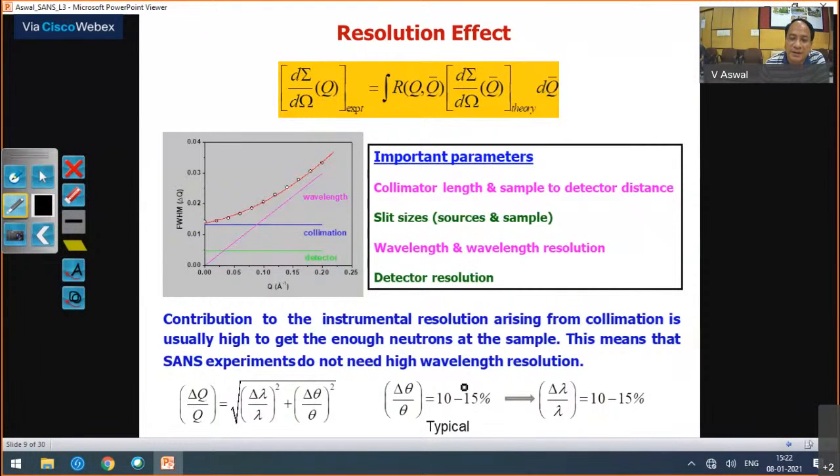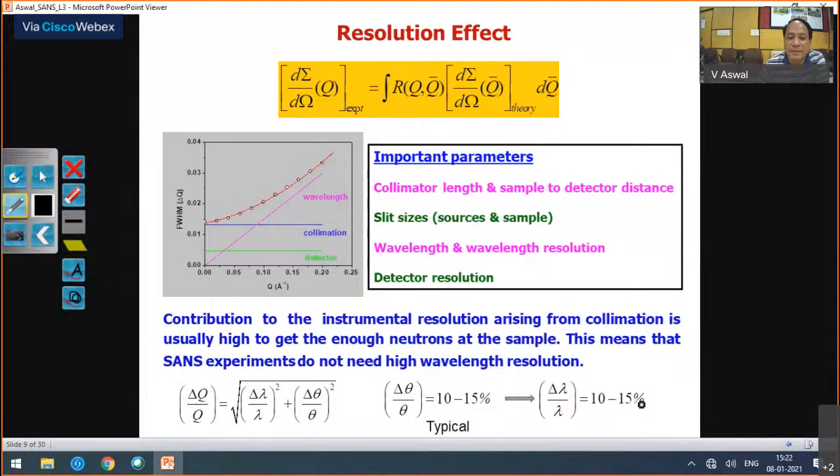Once your delta theta by theta is of this order, there is no point tightening your wavelength resolution. In diffraction experiments, you have this of the order of 1 to 2%. But in small angle neutron scattering, you don't gain by tightening this. So delta lambda by lambda values used are also of the order of 10 to 15%.